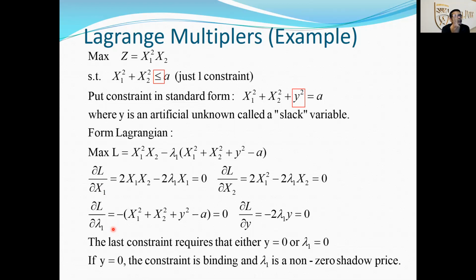Remember, the y only had to come into play because I didn't have an equality. I had an inequality, and I had to introduce that slack variable because of that. But because that's not a problem for me, if I do want that non-zero shadow price, I'll just go ahead with the 3 different decision variables.